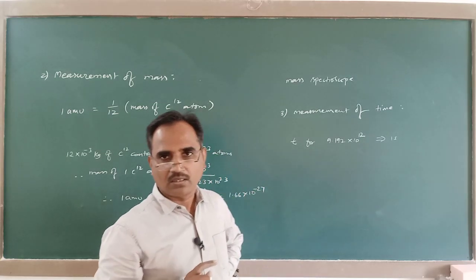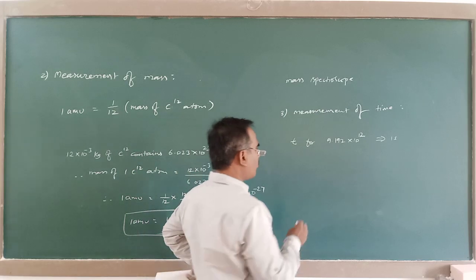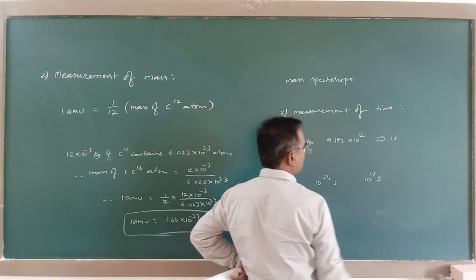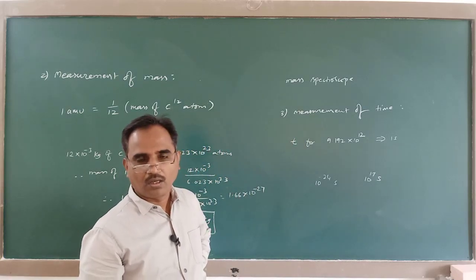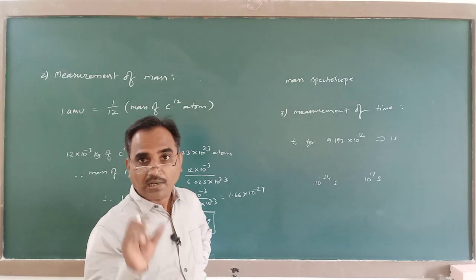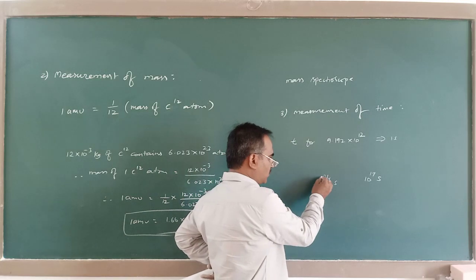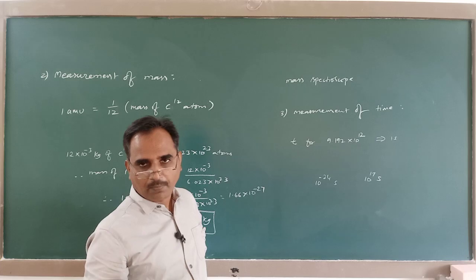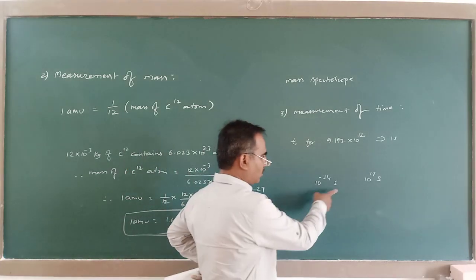And further, in the study of physics, we come across time intervals as small as 10 to the power of minus 24 seconds to as large as 10 to the power of 17 seconds. The lifetime of some elementary particles is quite small, of this order.